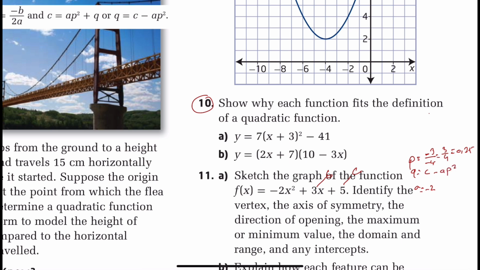Okay, let me remove A. So this is A, this is B, this is C. So my Q is C minus AP squared, which is 5 minus A, minus 2 here, 4, P squared, which is 0.75 squared.